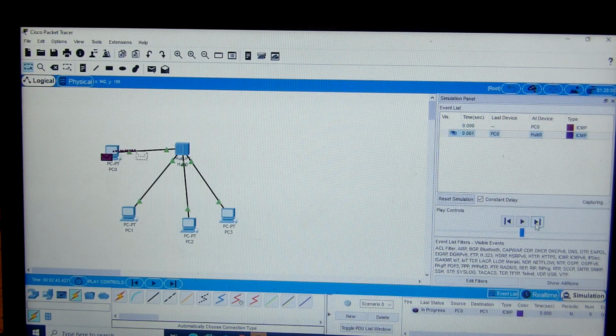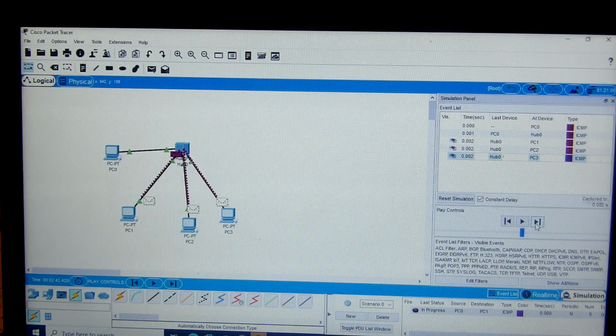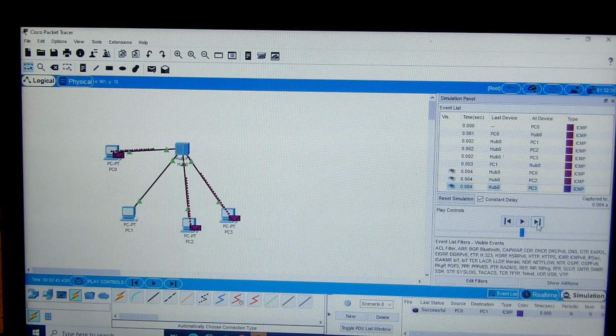It goes here, and what is different is that the hub just sends the message to the other PCs, but the only one that has communicated with it is this one, so it will respond and then come back.